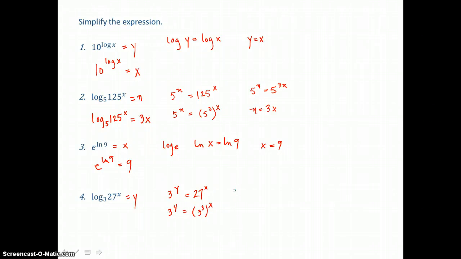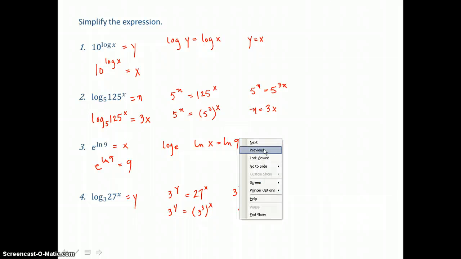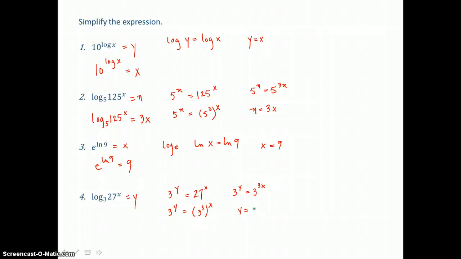And with double powers we multiply, so 3 to the y power is equal to 3 to the 3x power. And our bases are the same again on both sides of this equation, so that means y has to equal 3x. So, going back to the problem, log base 3 of 27 to the x power just has a value of 3x.